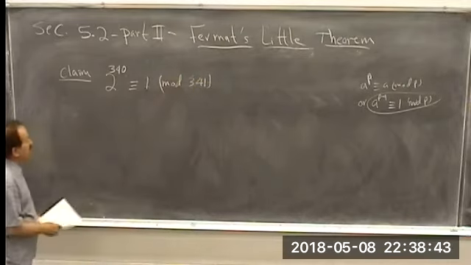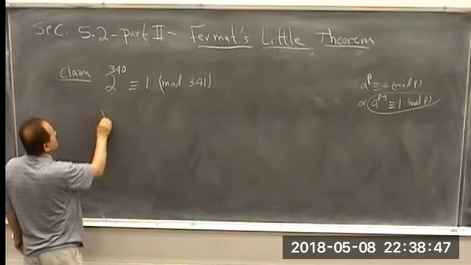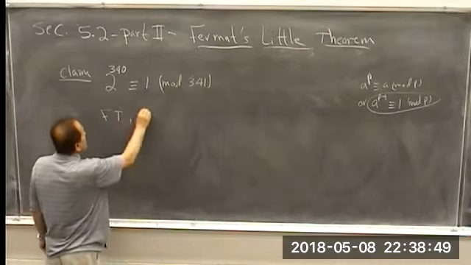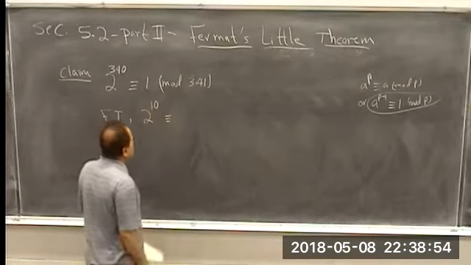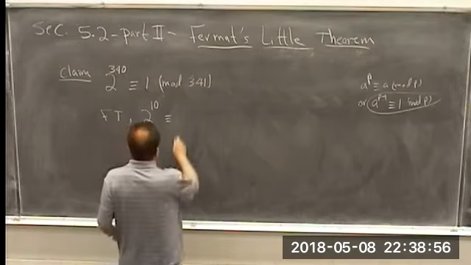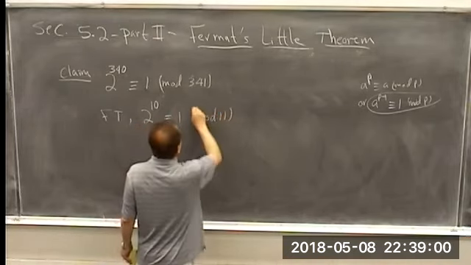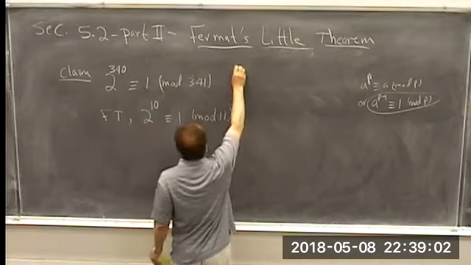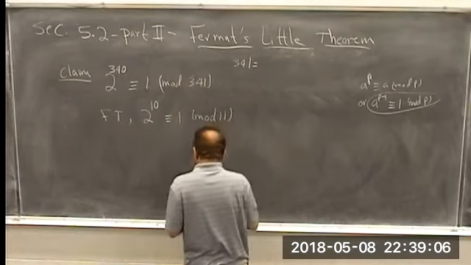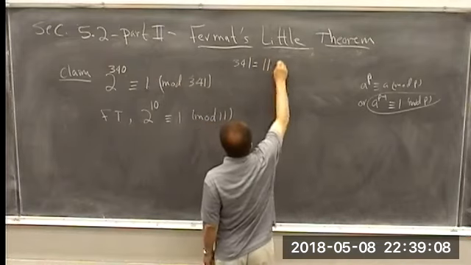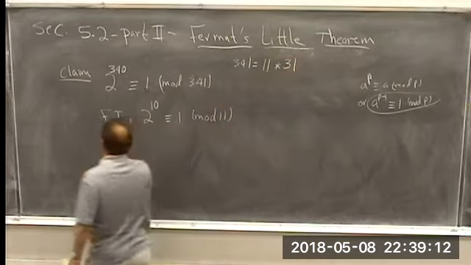All right, to do this, we're going to start with, by Fermat's theorem, we have 2 to the 10 is congruent to 1 mod 11. Now remember, we also know ahead of time that 341 is equal to 11 multiplied by 31. So we know that we're going to need this 11.